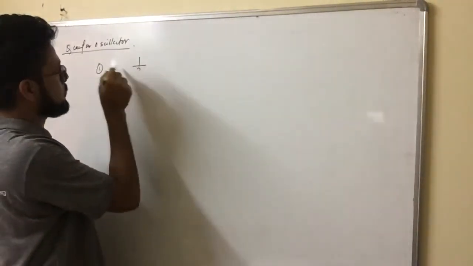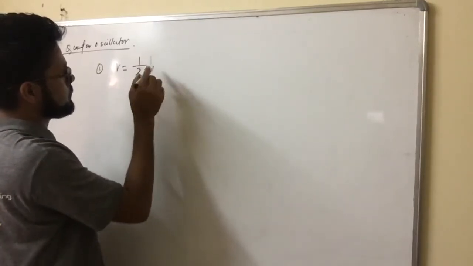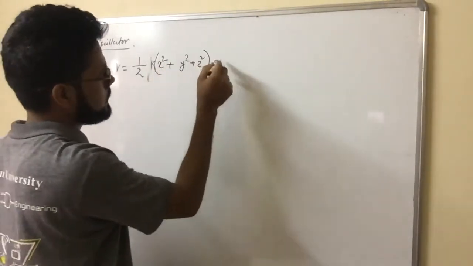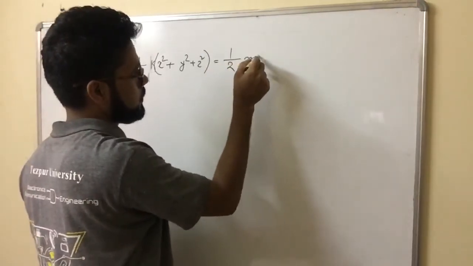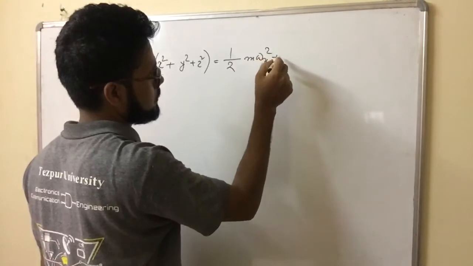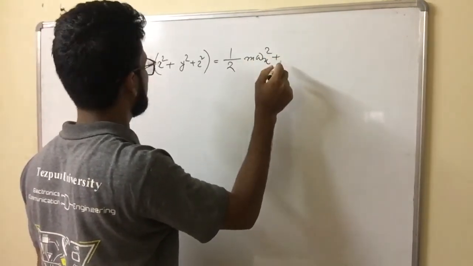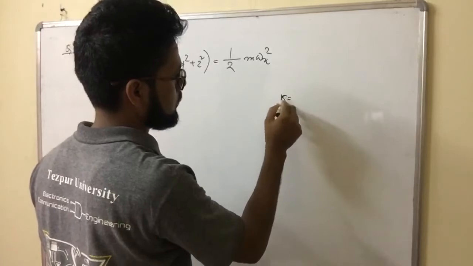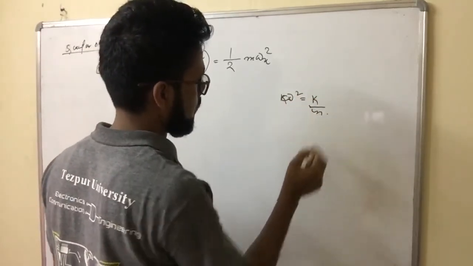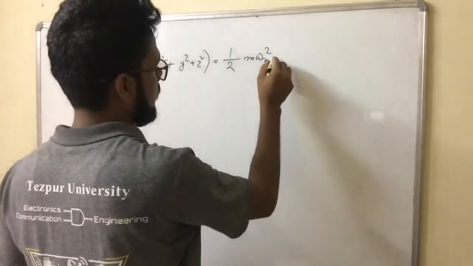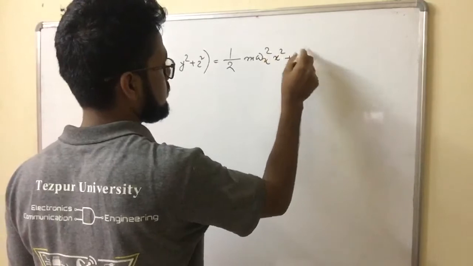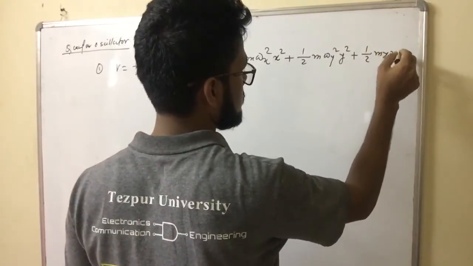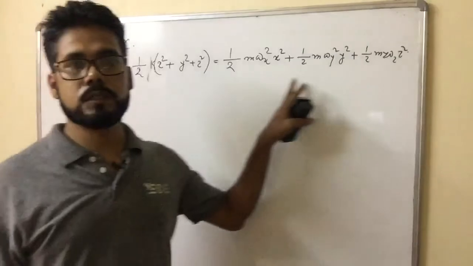Suppose the harmonic oscillator potential is equal to half k (x square plus y square plus z square), or k equals m omega square, that is omega square equals k by m. So it is half m omega x square, plus half m omega y square, plus half m omega z square. This is a three-dimensional potential.